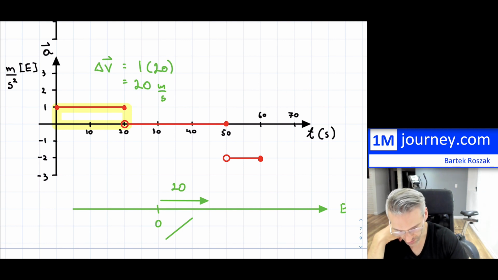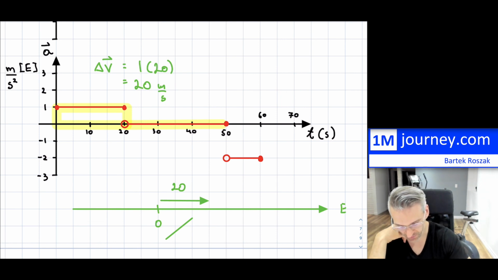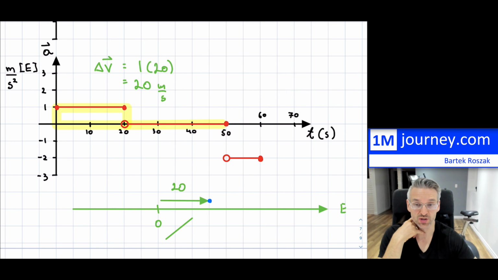Now, the second component is very easy, because what this is telling us is that the change in velocity is 0. So there is no acceleration, so we're just going to stay at the same exact spot. Now, be careful, it's not position, but velocity.